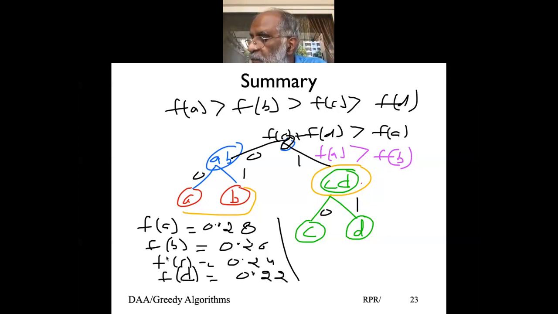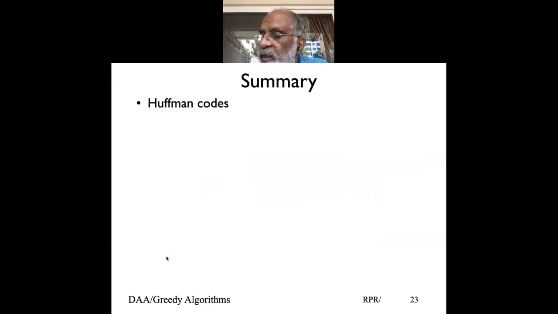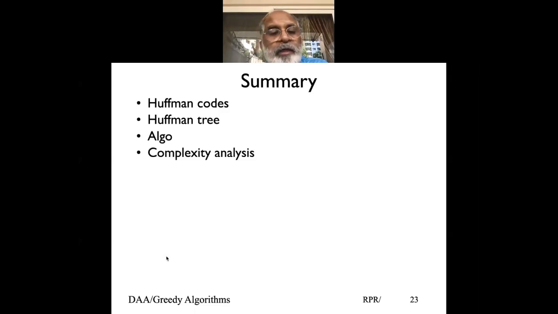So let's summarize what we studied. We looked at Huffman encoding. We did the Huffman tree, and we defined an algorithm. Take the two smallest frequency nodes, make them a tree, join them, and keep building it up. And finally, to assign the codes, label all the left edges with 0 and all the right edges with 1, and then the labels of the edges from root to the leaf become the encoding of each symbol.